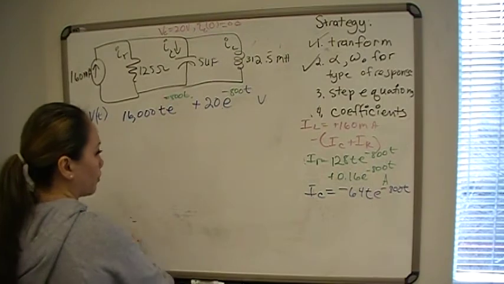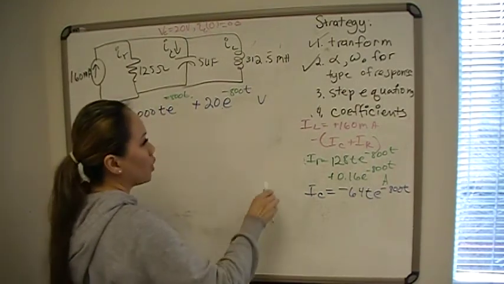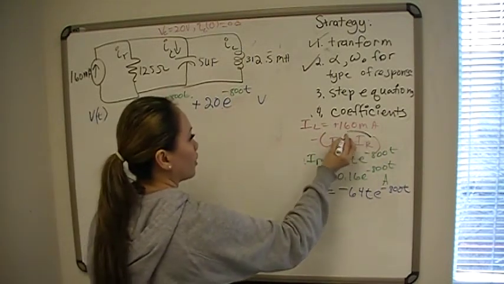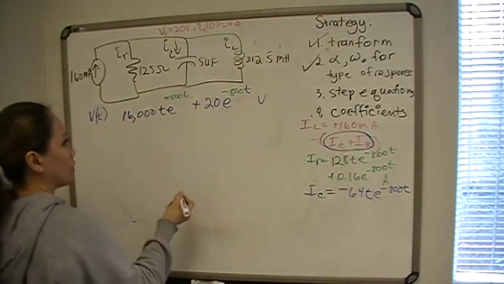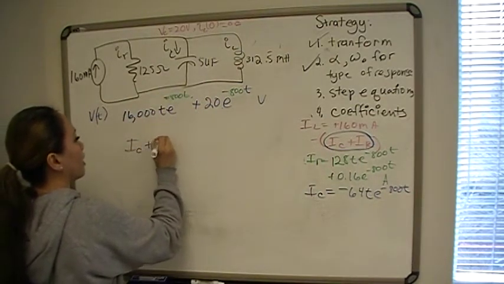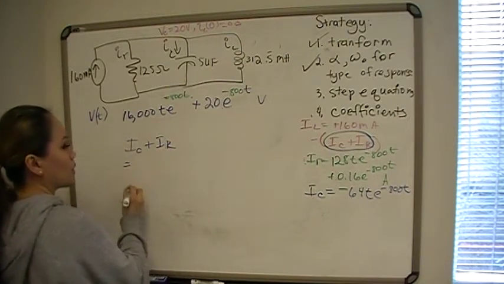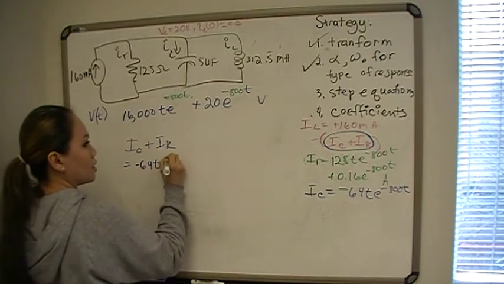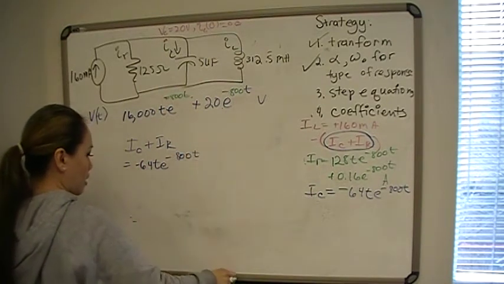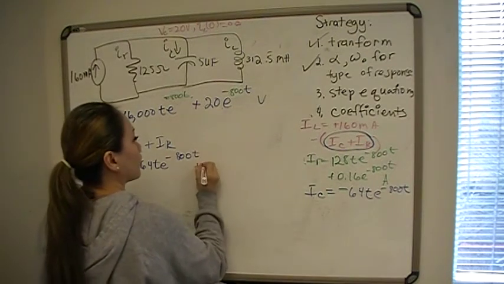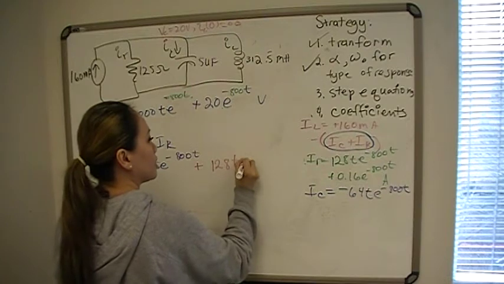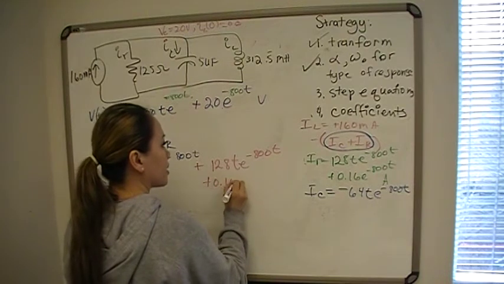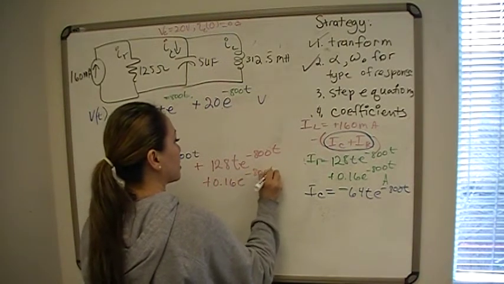Okay. So what did we say over here? We said that I sub L will equal 160 milliamps minus IC plus IR. So let's compute IC plus IR. IC plus IR is equal to, let's take the IC first, minus 64 te to the negative 800t. And now add the IR to it, plus 128 te to the negative 800t plus 0.16 e to the negative 800t.